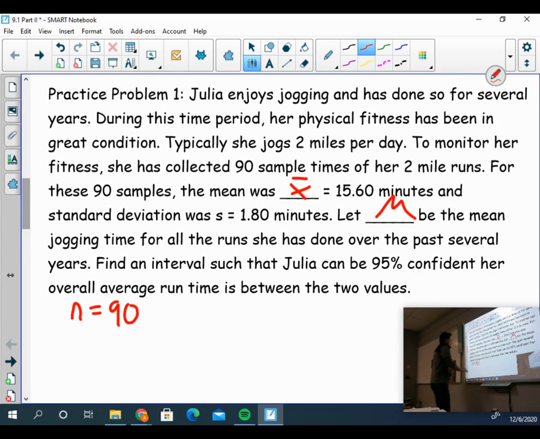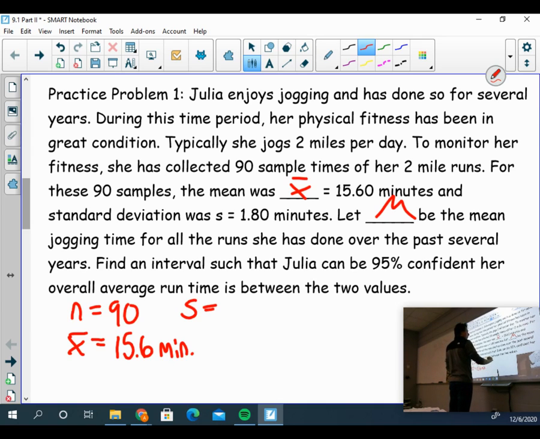And in those 90 samples, she got a sample mean of 15.6 minutes with a sample standard deviation of 1.8. So in the 90 runs she calculated, her average runtime for her 2 miles was 15.6 minutes with a standard deviation of 1.8.